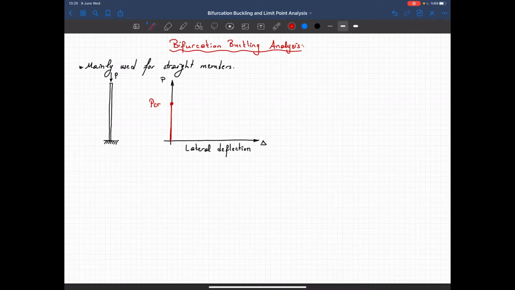Now, after that, we have two equilibrium paths. One of them is, since this member is perfectly straight, it can go this way. But remember that when P is equal to P critical, this column has no lateral stiffness.